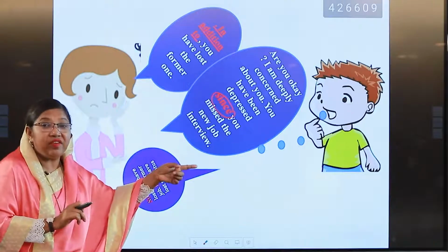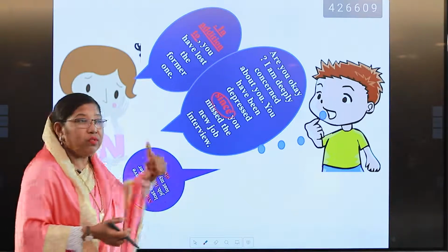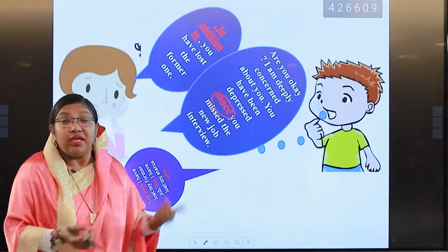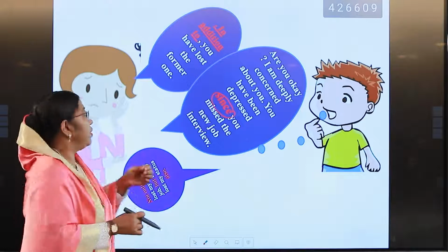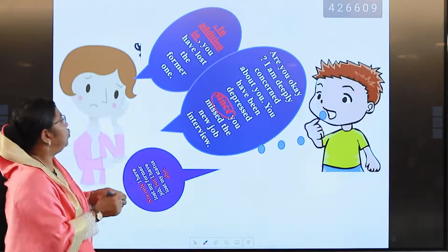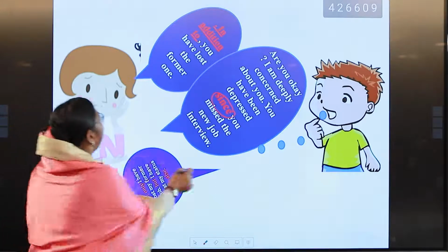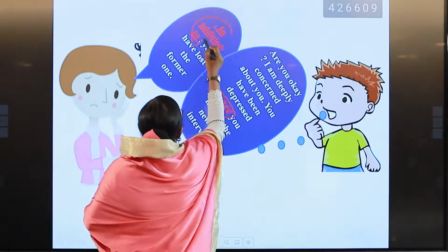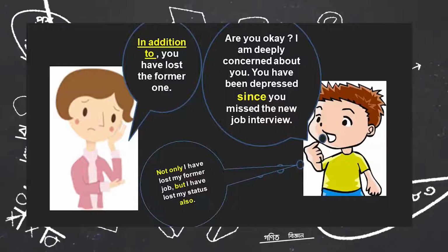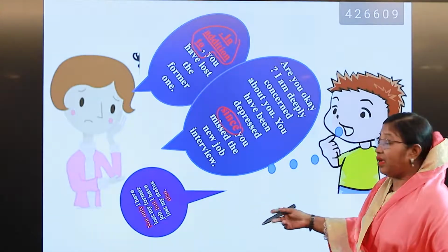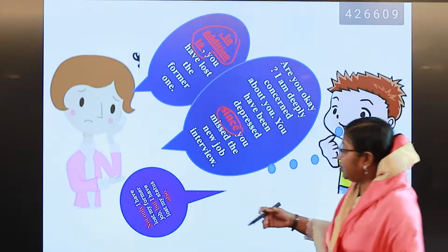This person said he was concerned about this person. He also said, in addition to, you have lost the former one. So, in addition to. So, two connectors we have got here, since and in addition to. Here you can see another situation.